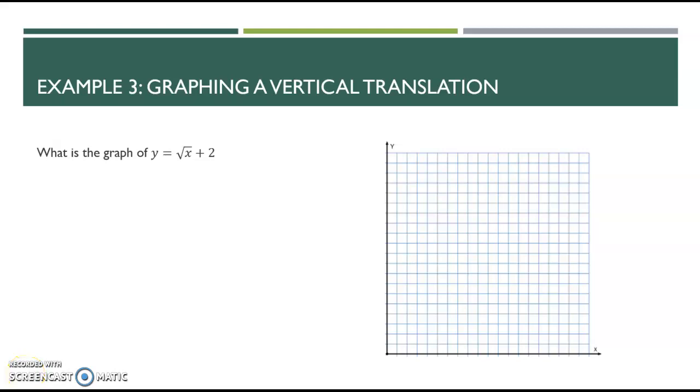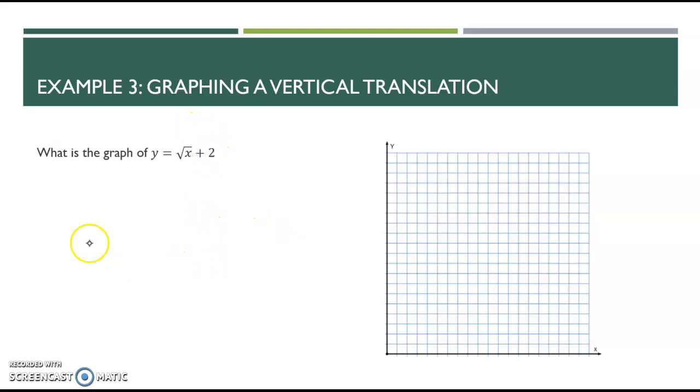Hey, welcome back. So in the last one, we just graphed a square root function that only had a multiplier, which affects how skinny or how wide our arc is.